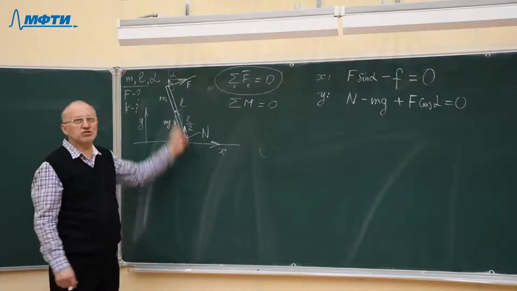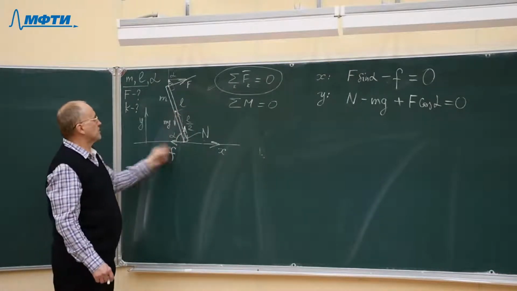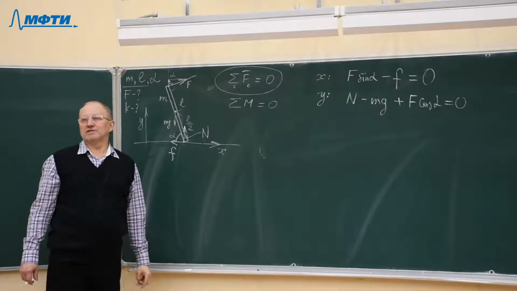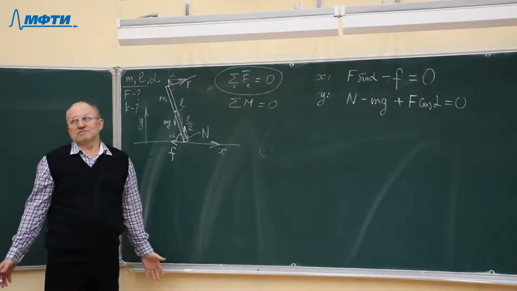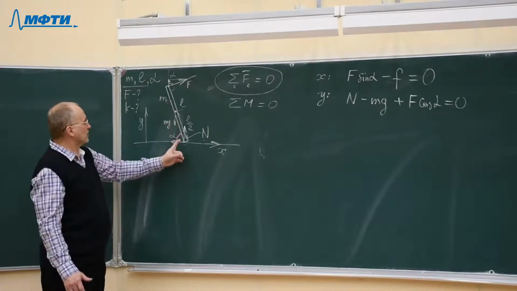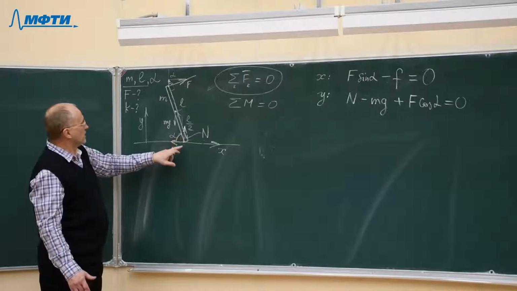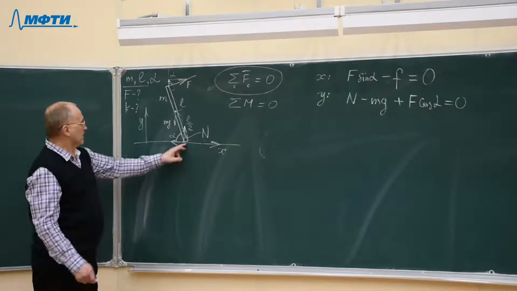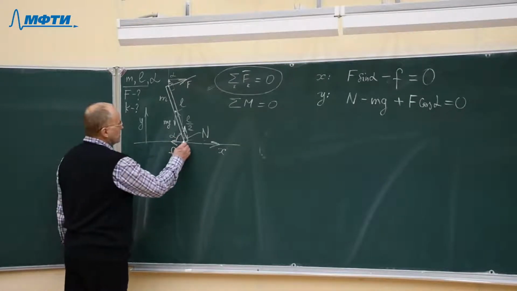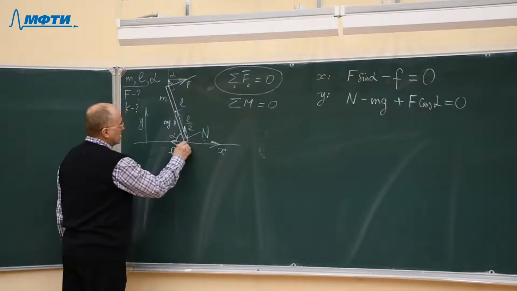We must choose some arbitrary point about which the rod may rotate. Actually, this is arbitrary. This is our choice, up to us, which point to indicate as the axis of rotation. It's convenient to choose this point as the axis of rotation.